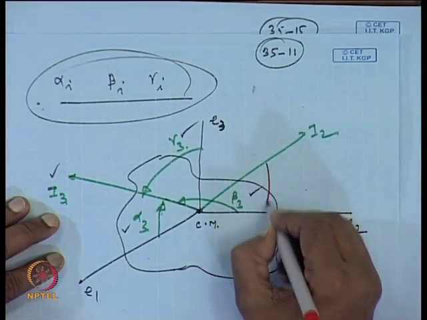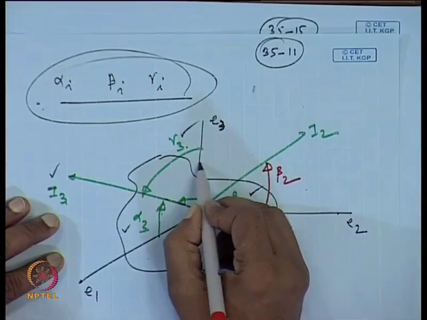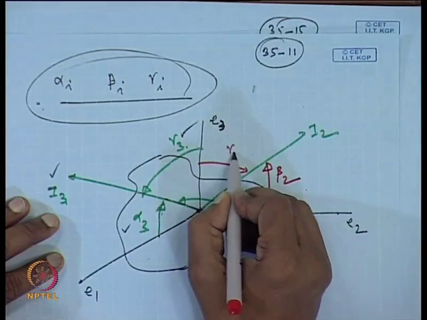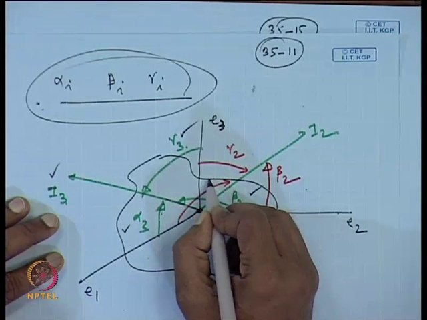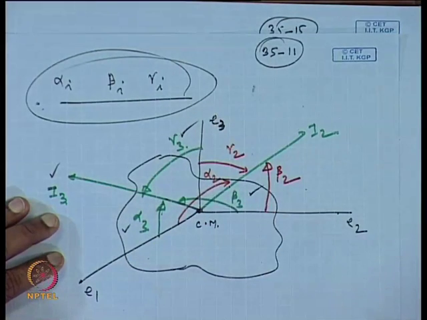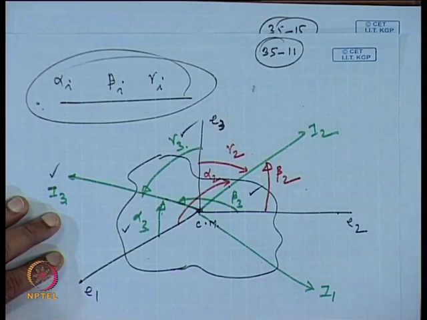So, here now this angle will be your beta 2 and this angle will be gamma 2, and the angle from here to here, this will be written as alpha 2. And then finally, you may have I 1 in this direction. So, this I 1 also you need to fix.